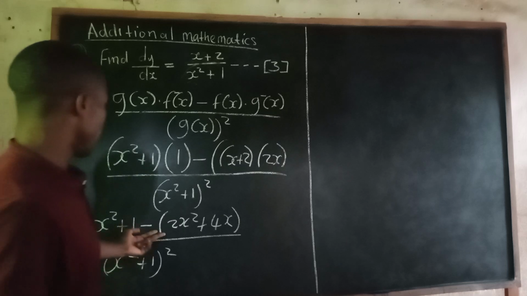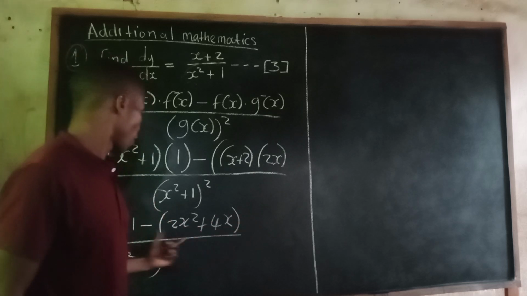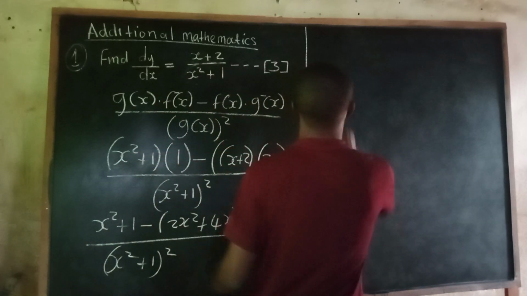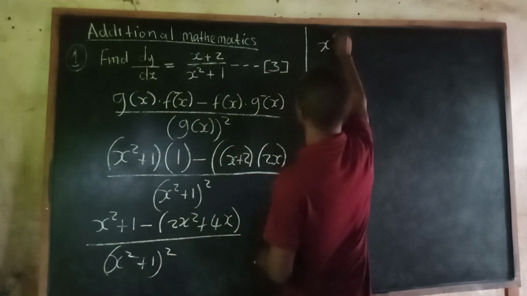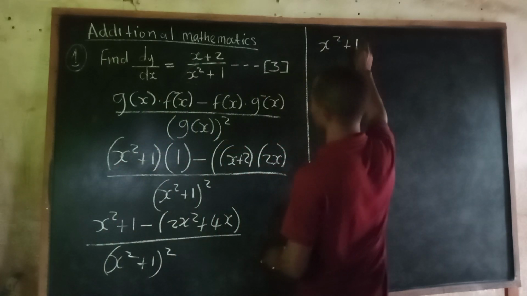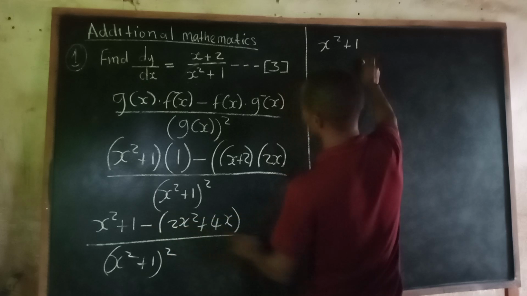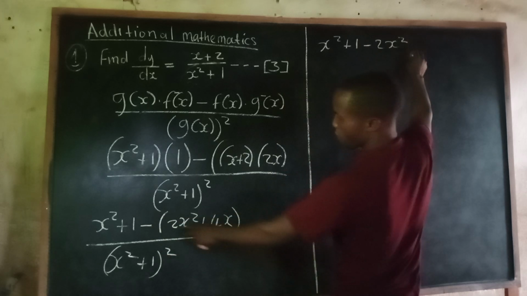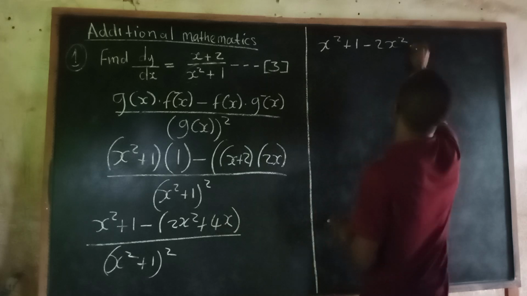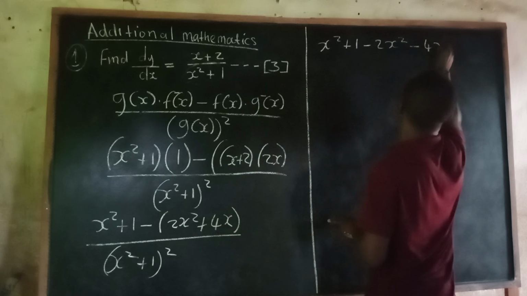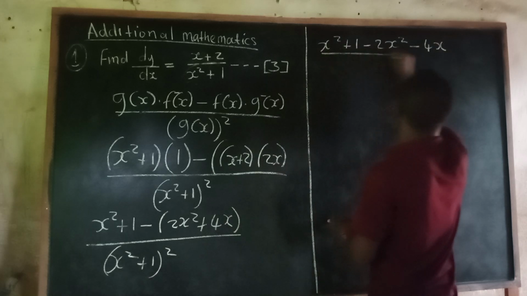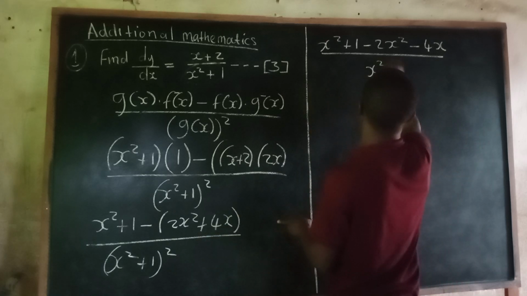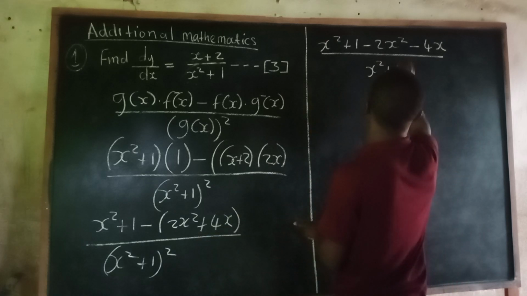Then we get rid of this bracket by multiplying with the negative sign. So x² + 1, then negative times 2x is negative 2x², and negative times positive 4x is negative 4x. Over, we keep bringing down the denominator, (x² + 1) squared.